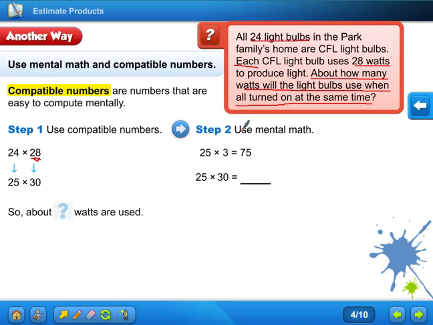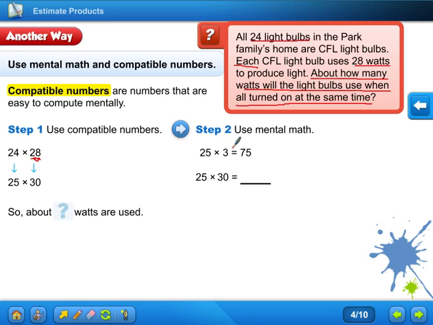Now I'm going to use mental math when I find this. 3 quarters would be how much money? The quarter's 25, so don't forget, 25 times 3. I always think of quarters when I use the 25. 3 quarters would equal 75 cents.